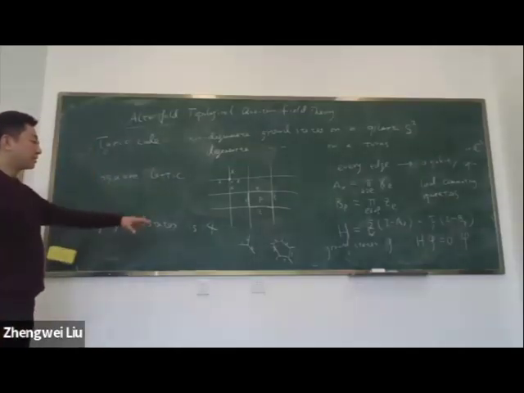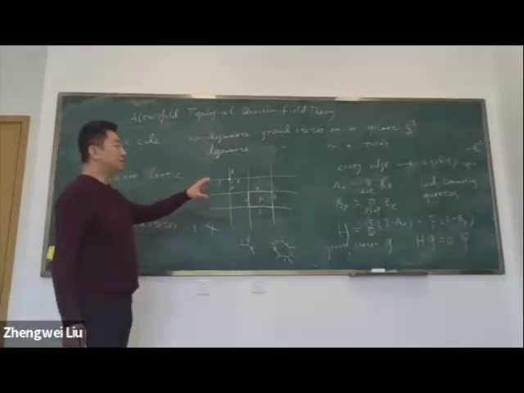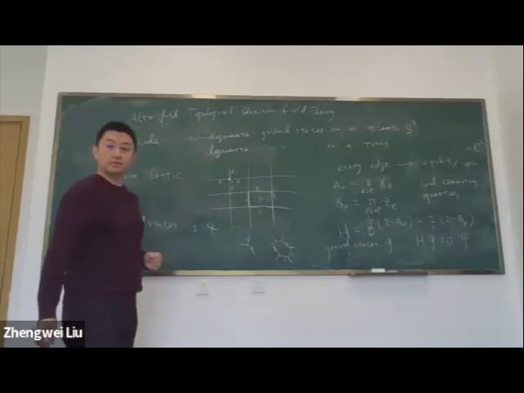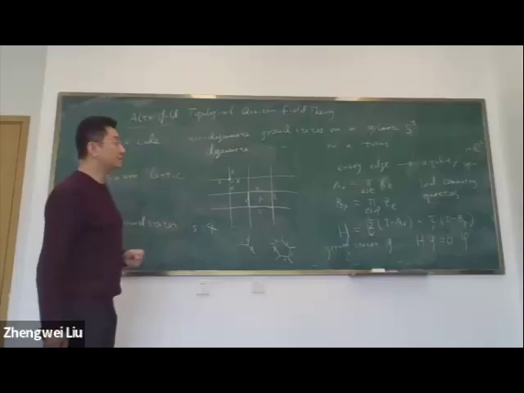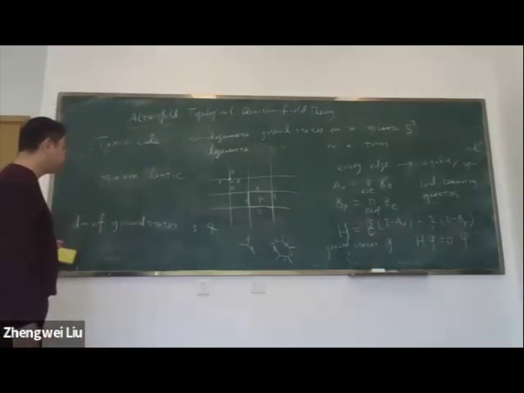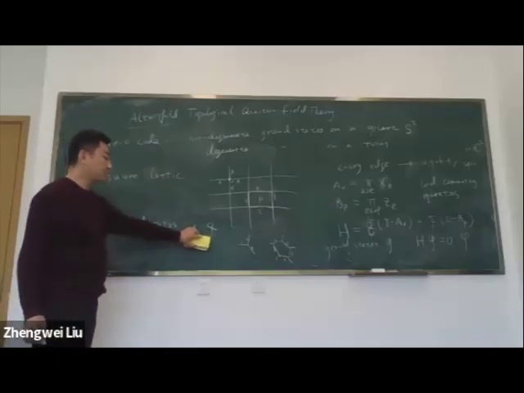One can easily check, no matter how we write the lattice, the dimension of the ground state space only depends on the topological feature of the surface. The sphere is one-dimensional, the torus is four-dimensional, and so on. So this is really a topological phenomenon, this number 4.